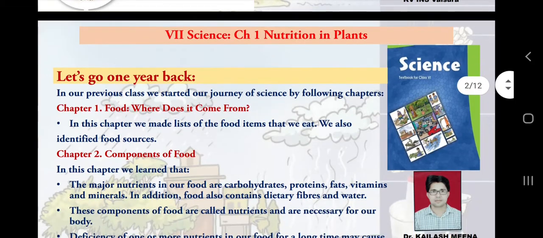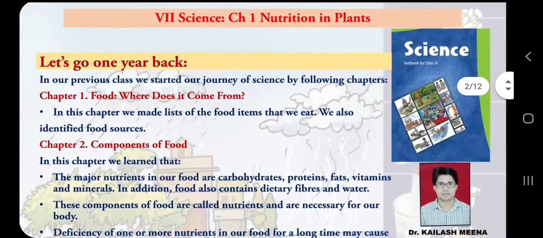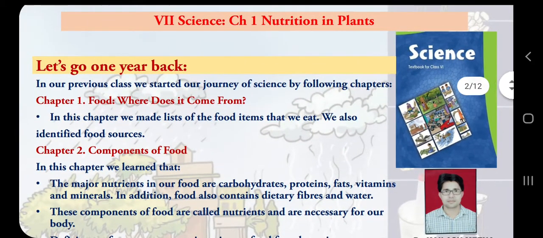Before starting this chapter, we need to understand a few concepts which we learned in class 6 chapter 1 and chapter 2: Food, where does it come from, and components of food. In those chapters we learned about the food types and the sources of food as plant sources and animal sources, and the components of food like carbohydrates, proteins, fats, vitamins and minerals.